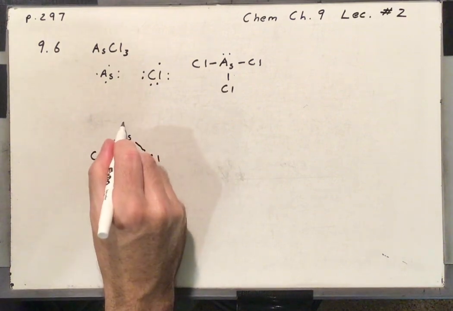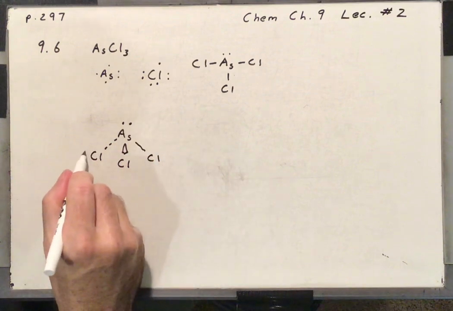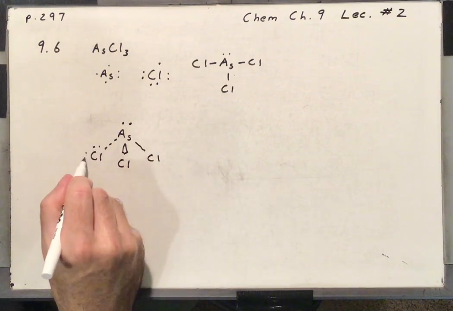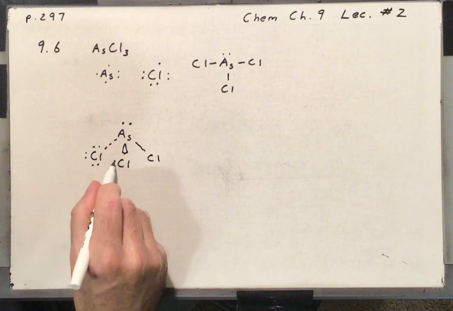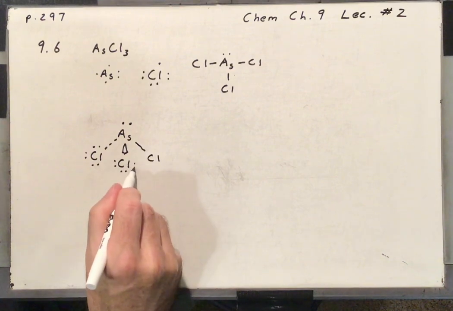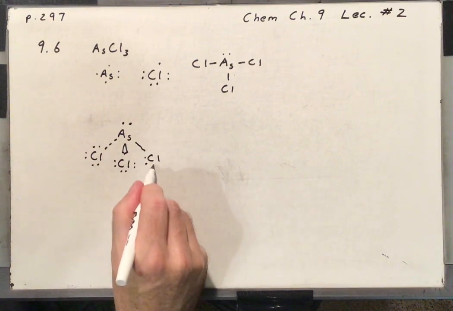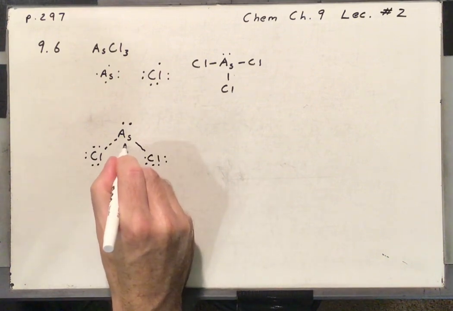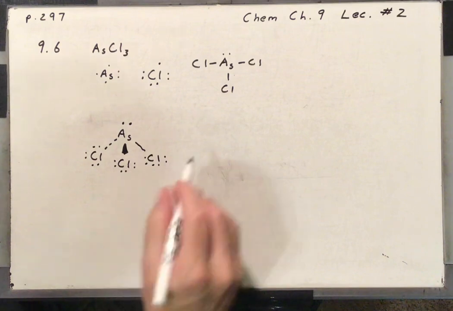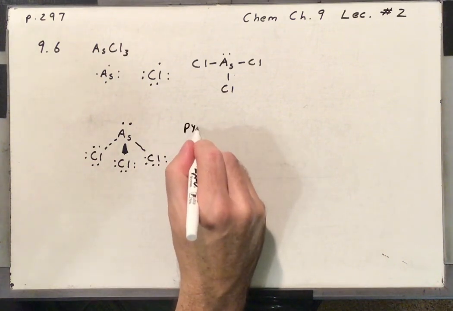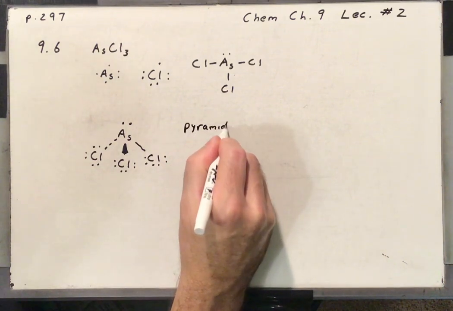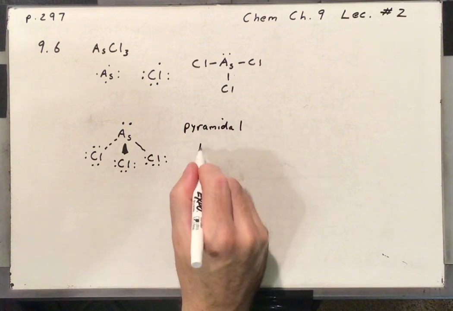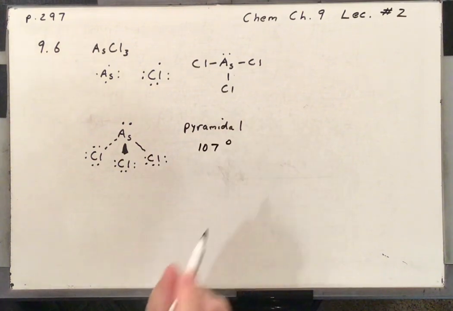We do have that lone electron pair left. Of course, each chlorine has 8. So this is a pyramidal shape, and the bond angle for pyramidal is 107 degrees.